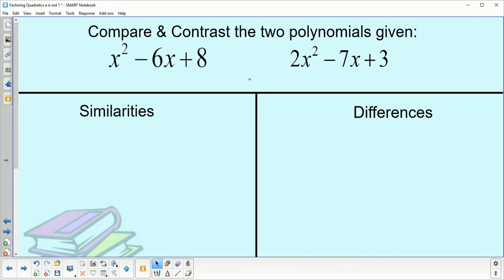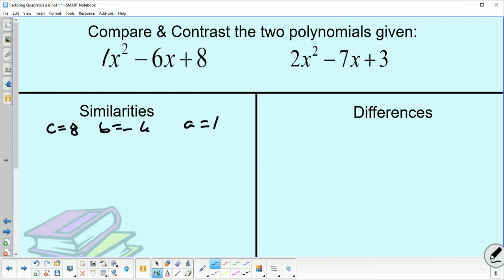So if you look at these two, like we've talked about here, our A is 1. And so we factored this by just taking C equals 8 and then finding the factors of C that add up to B, which is -6. And that's all because A equals 1. But on this one, A is now 2, B is -7, and C is 3.